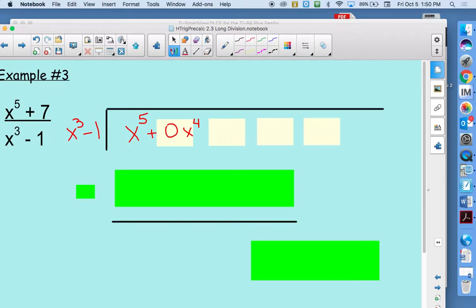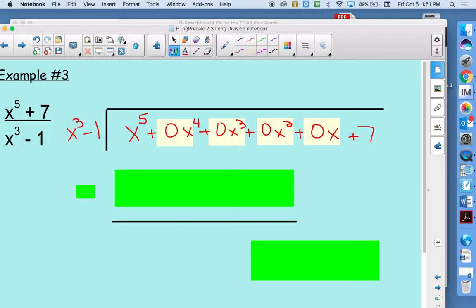We'll do that for all of the dividing that we do. Every piece of the problem is important, even though it's just a 0x to the 4th, it really doesn't mean anything. It's holding its location for us. And then we would have a 0x cubed, a 0x squared, a 0x, and then a 7.